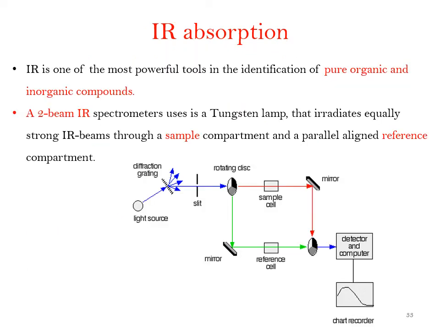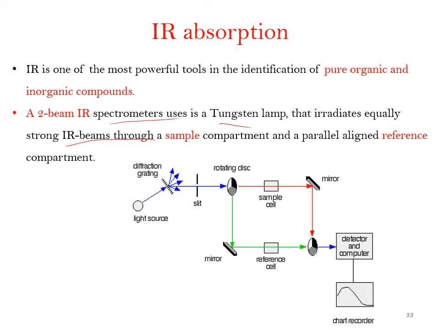So IR is one of the most powerful tools in the identification of pure organic and inorganic compounds. Usually a 2-beam infrared spectroscopy is used, and a tungsten lamp that radiates equally strong IR beams through the sample compartment and parallel aligned reference compartment is used.